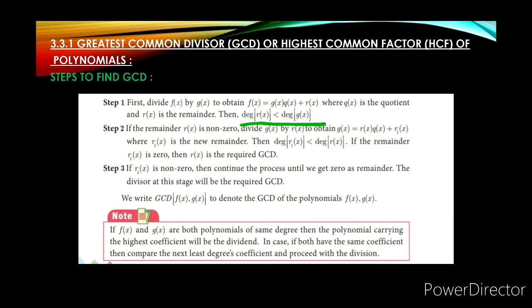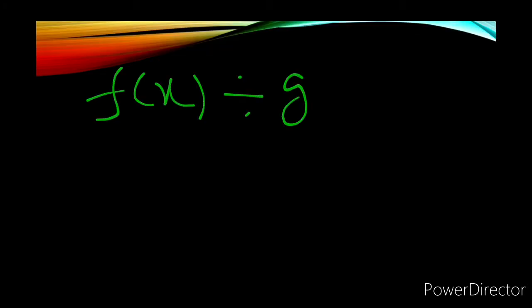Listen. We have to take the given polynomials as f of x and g of x. We have to divide f of x by g of x.